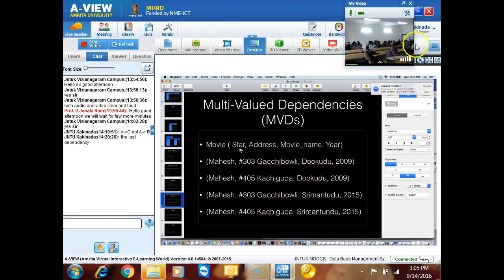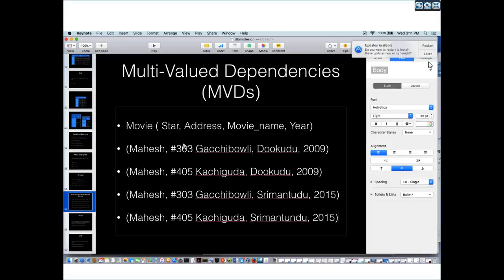Given a star, there can be multiple addresses, and this is what is called a multi-value dependency. If there was only one address for a star, that becomes a functional dependency. Now here it is a multi-value dependency.